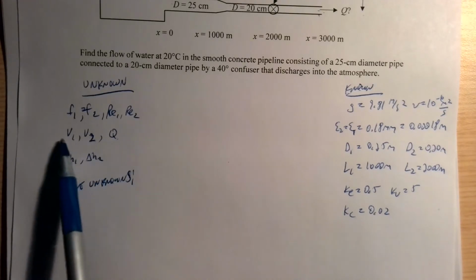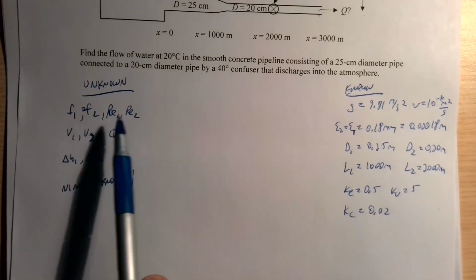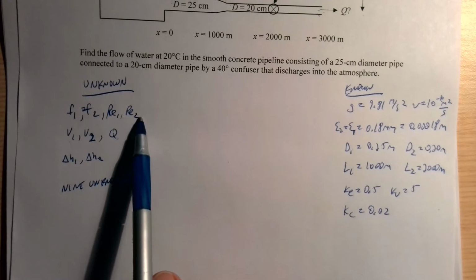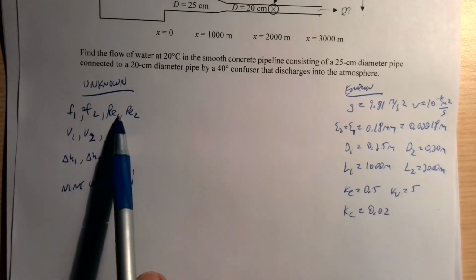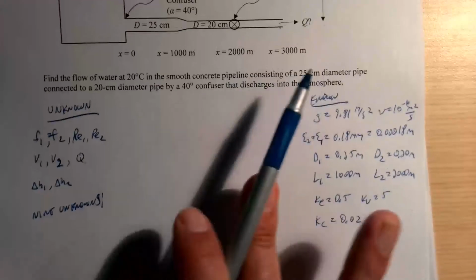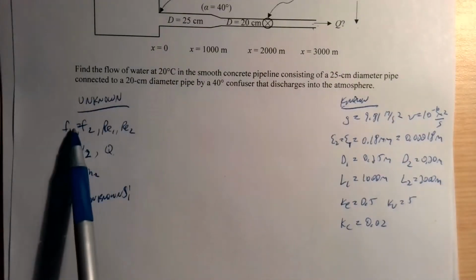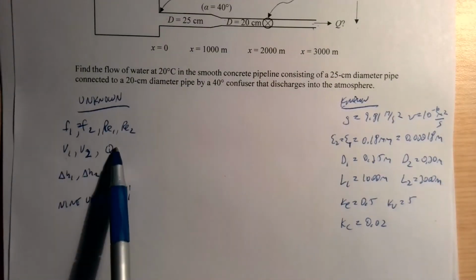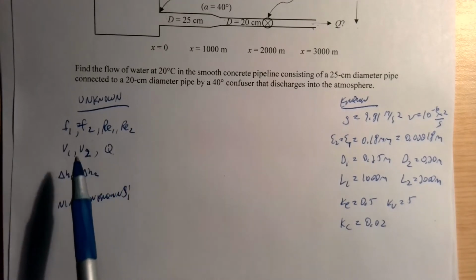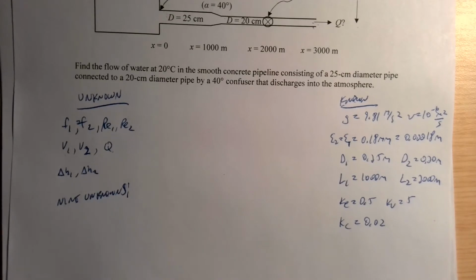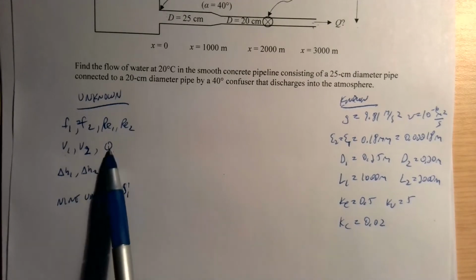Once I have V1 and V2, Reynolds numbers are also easy: dV over nu. Once I have Reynolds, and I know the roughness heights, I could then figure out f1 and f2. So if I know Q, I know the V's, the Reynolds numbers, and the friction factors. Then I can figure out the friction losses using an energy equation with Darcy-Weisbach. Basically, if I knew Q, I'd know everything else.